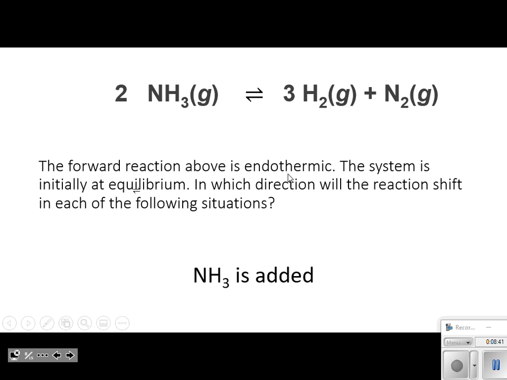What do you think? If I add ammonia, it's going to drive it to the forward reaction, okay? Because think about it. My teeter-totter, right here is my fulcrum. I add this, that side's going to go down, the product side's going to go up, so it's going to drive it to the forward.